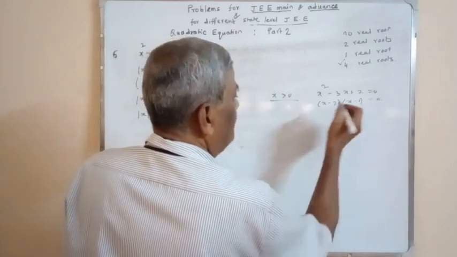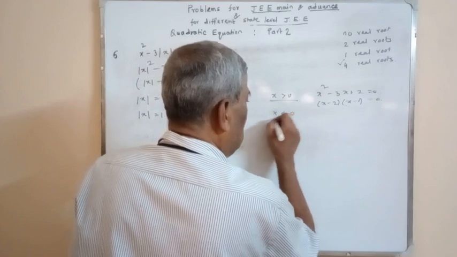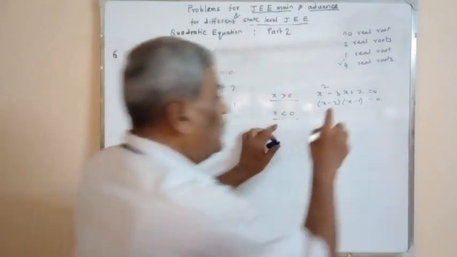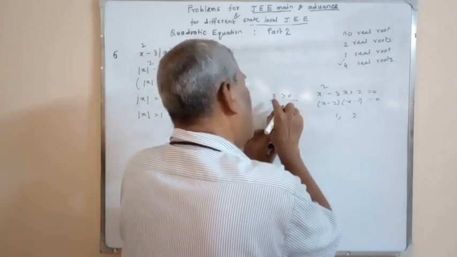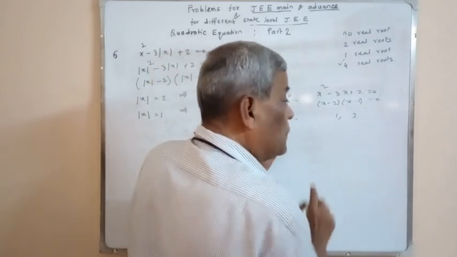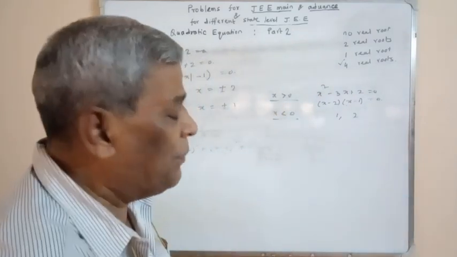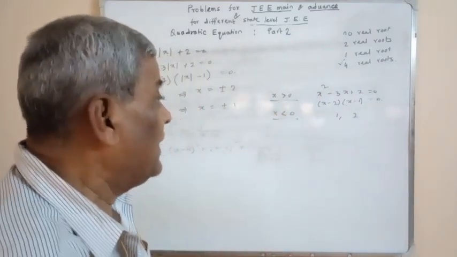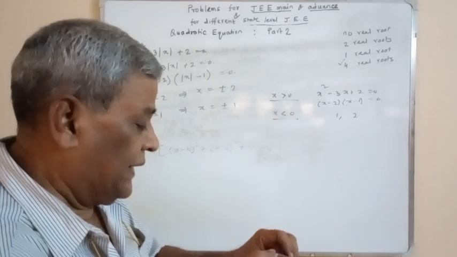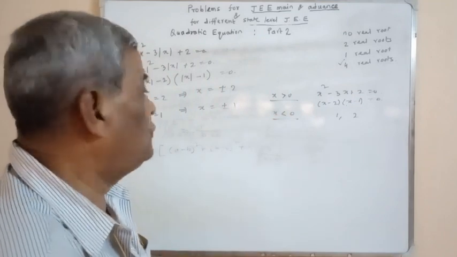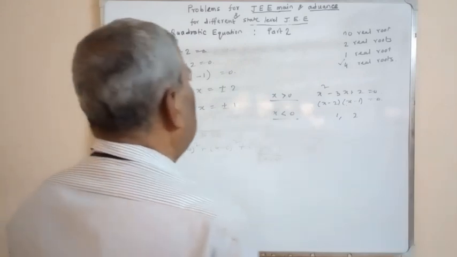Similarly, by taking x is negative, you get another, and we can accept 1 and 2, because our assumption is x is positive, this is positive, this is positive. So we have to accept both. Similarly, by using that, we can obtain another two values, x is equal to minus 1 and minus 2.